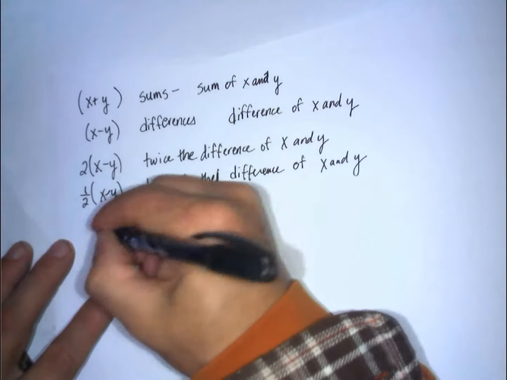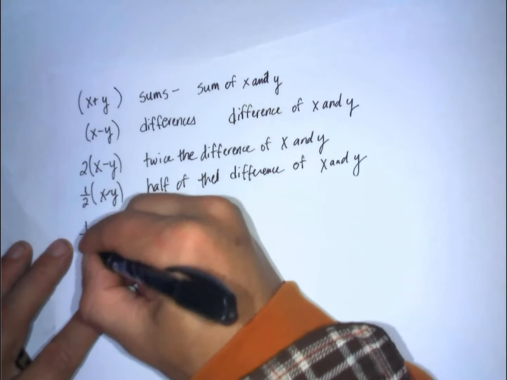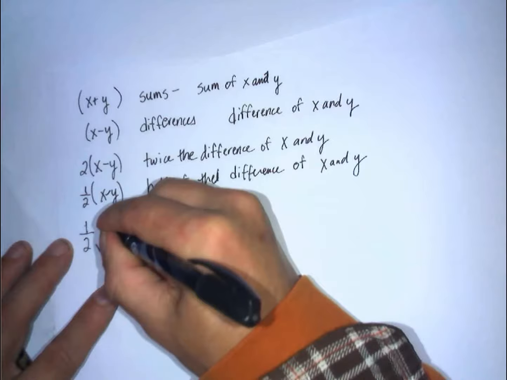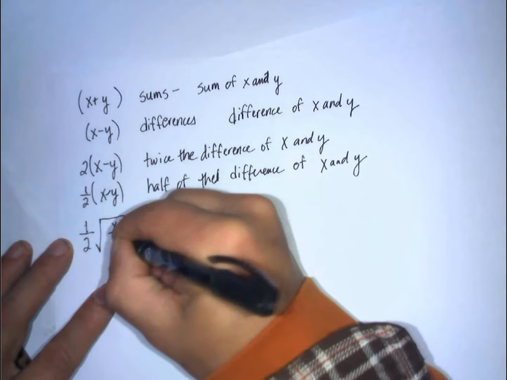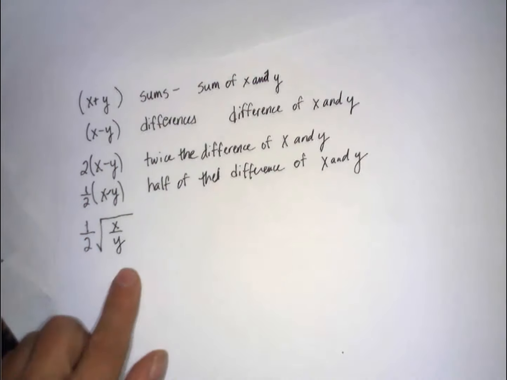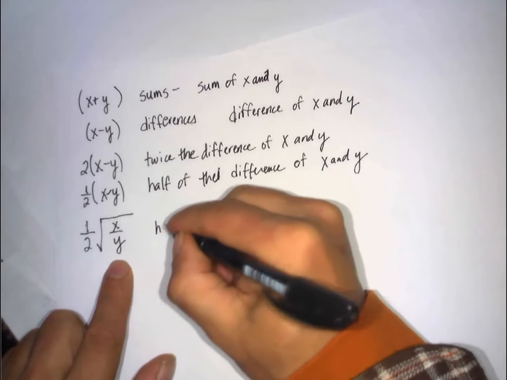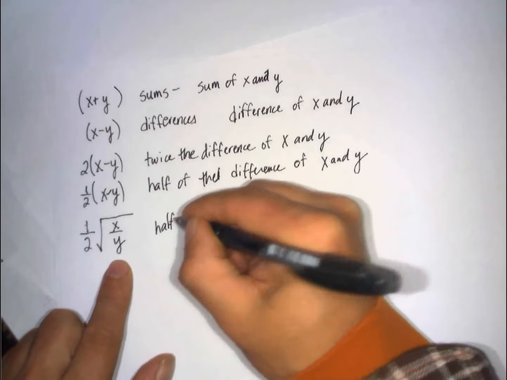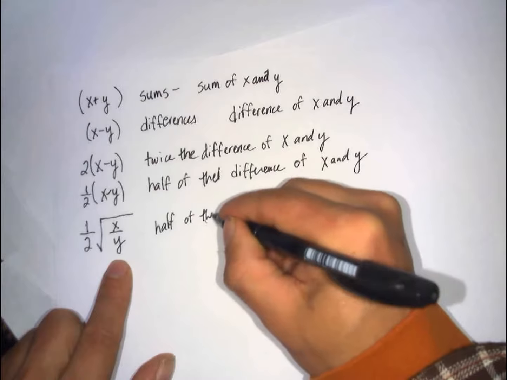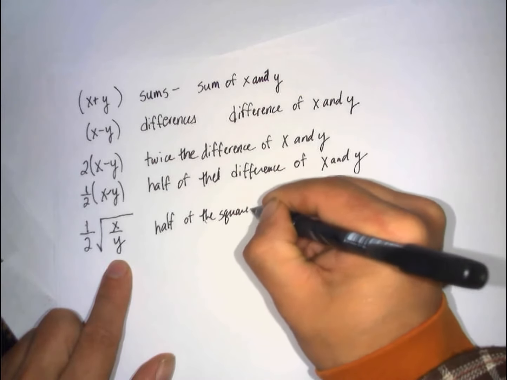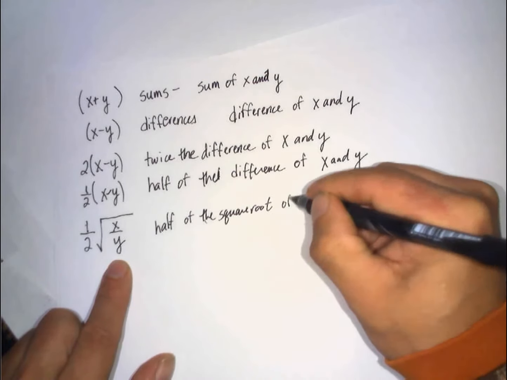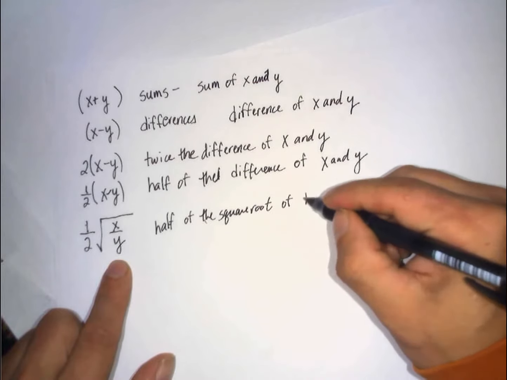And we could also say that maybe there's a number in front of a square root. We could say something like that. This would be half of the square root of, well, if you divide two things, you find their quotient.